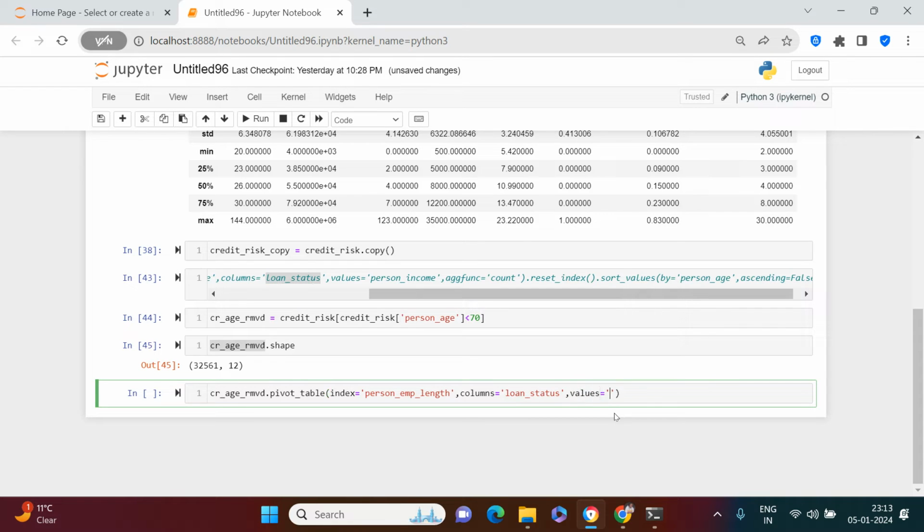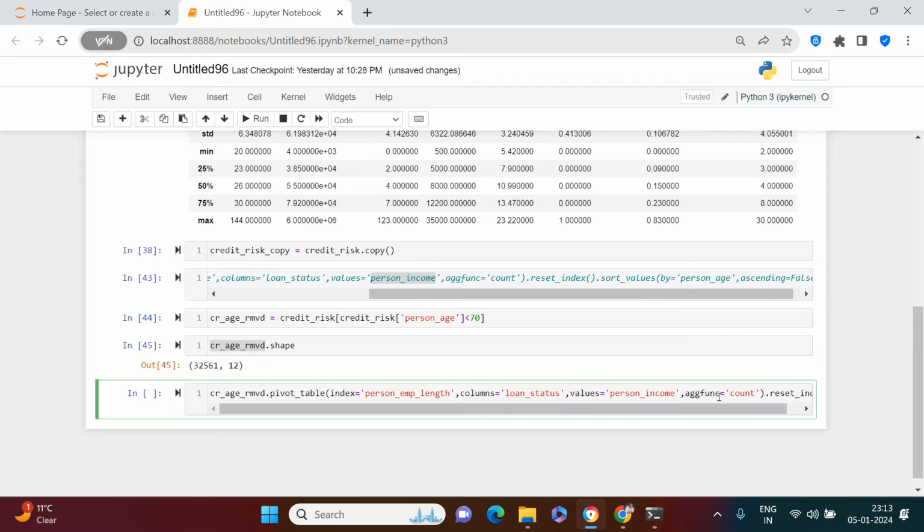Values, let's consider person income again, and the aggregate function I would use is count, and then reset index, and then sort values by employment length, ascending equals to false. That's what I need to say.